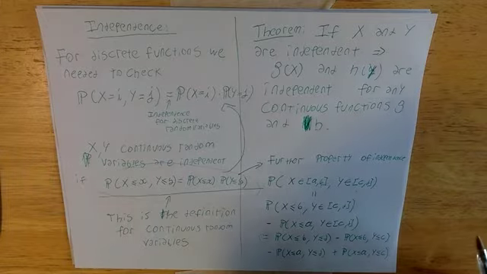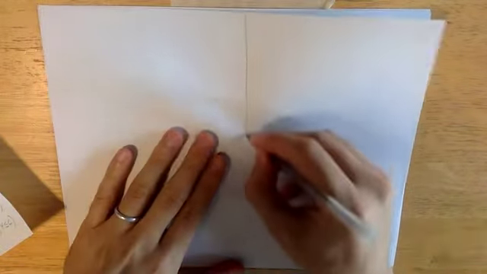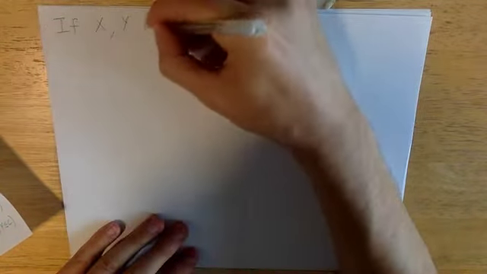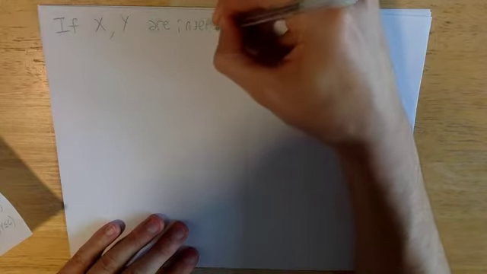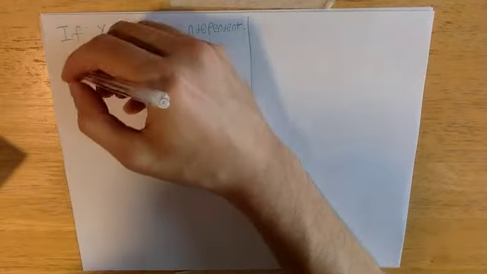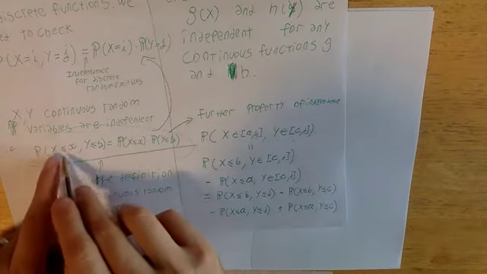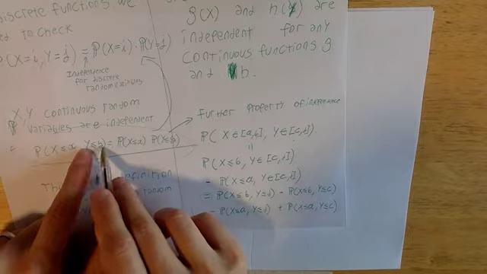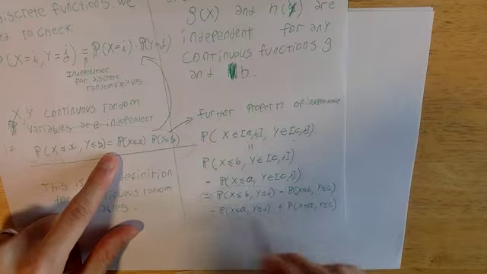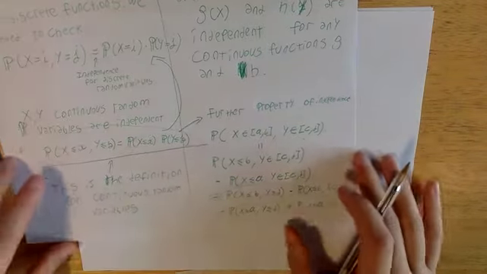So what was the point of doing this? Now, if X and Y are independent, then all of these sets that I have decomposed my probability into can be written as a multiplication.